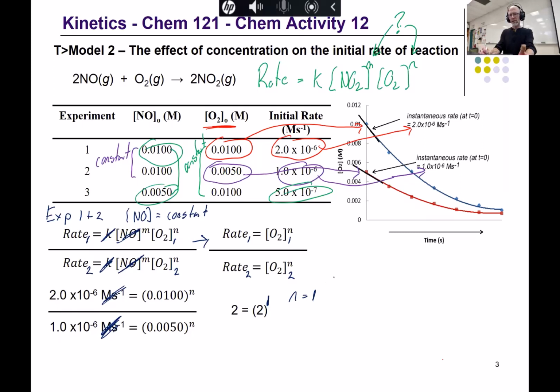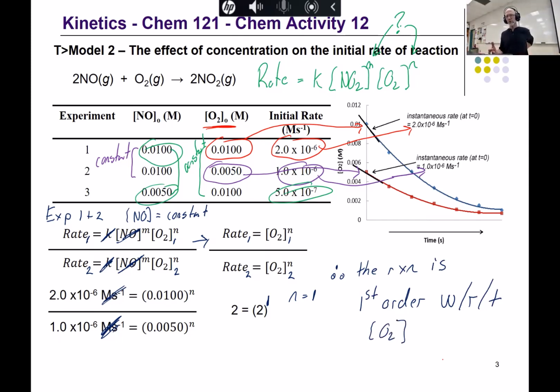And then we would make the conclusion, therefore, the reaction, and there's a certain kind of terminology here that's quite important, the reaction is first order, and I'm going to abbreviate here, with respect to the oxygen concentration. n is equal to 1.